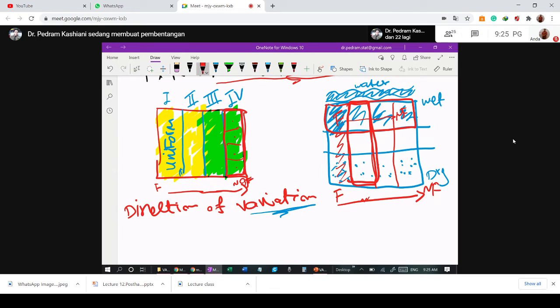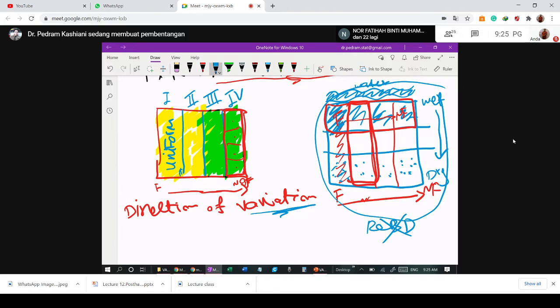But here I have two directions of variation. You can see one direction is from left to right, fertile to not fertile, and the other is wet to dry. If this situation happens, RCBD is not a good design, because any way you block, if I block based on fertility, I have a problem with moisture.